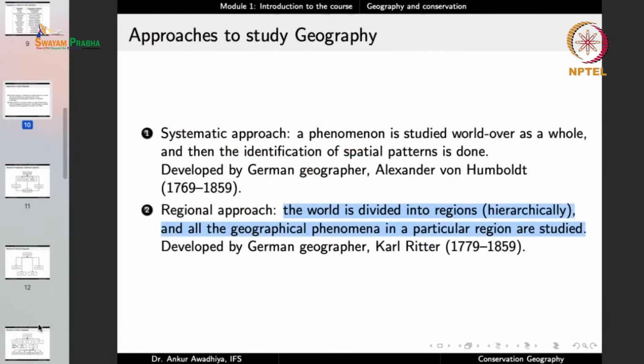What are the economic geography aspects that are found in Mumbai? What are the cultural geographical aspects? What are the physical geographical aspects? So we are studying all the phenomena, but putting our concentration in the city of Mumbai. So that is regional geography.